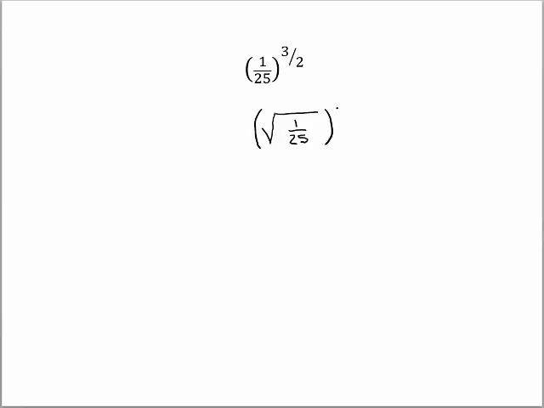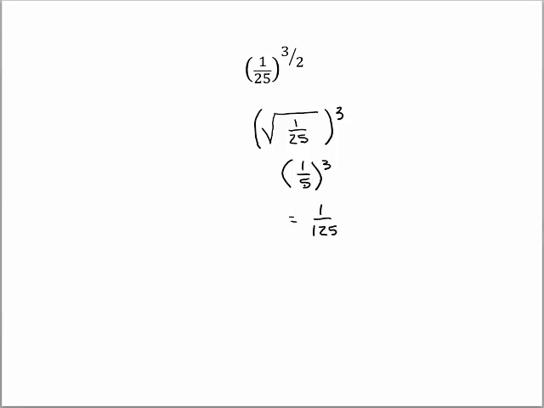And remember, we decided that if we put this 3 outside the parentheses, that it made it much easier for us. All right, what is your square root of 25? 1/5, right? We still have that cubed, so that should equal 1 over 125.